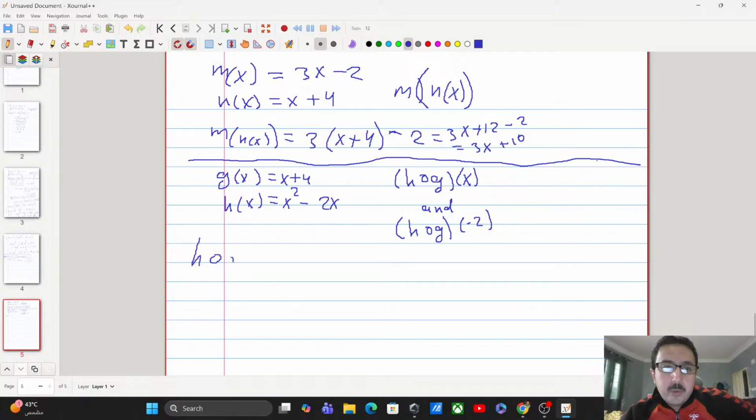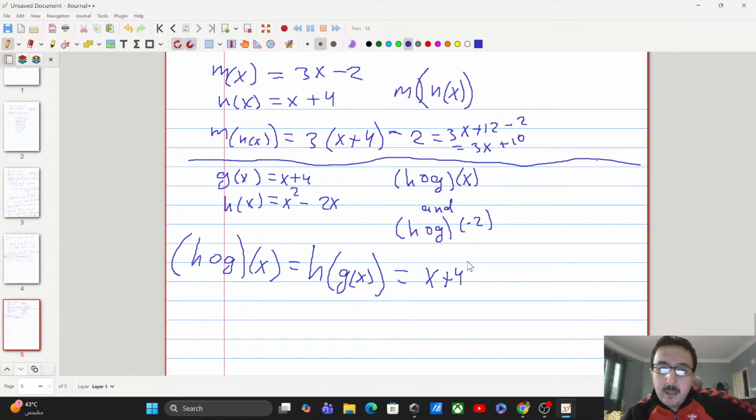H composed with g of x equals h(g(x)), which equals x plus 4, everything squared, minus 2 multiplied by the product of x plus 4.